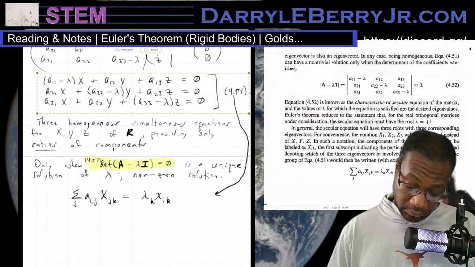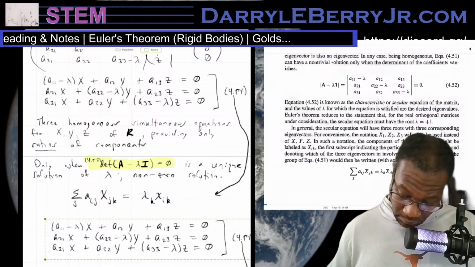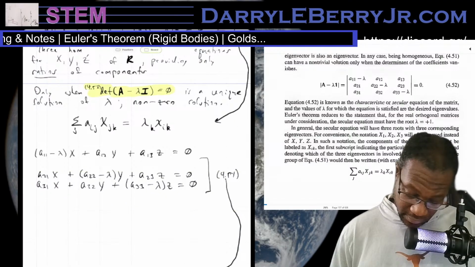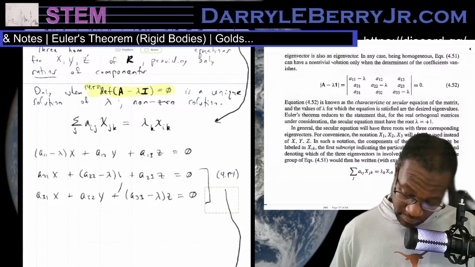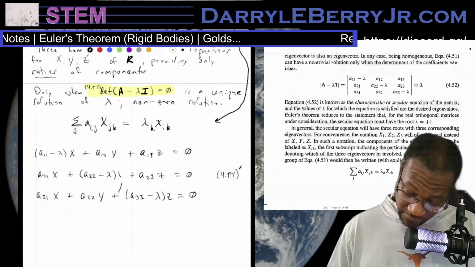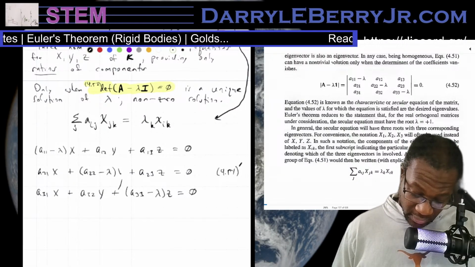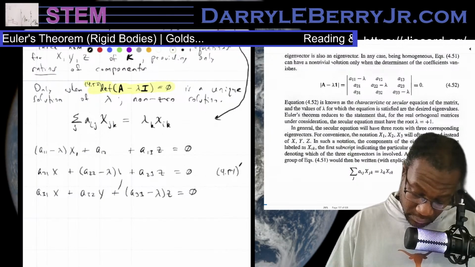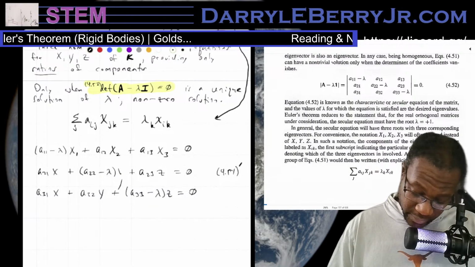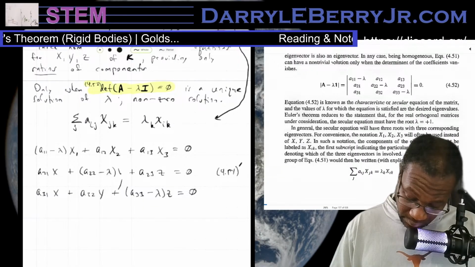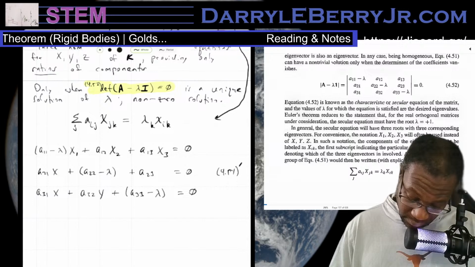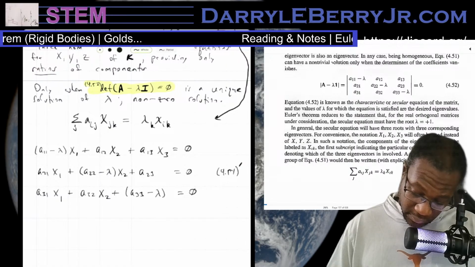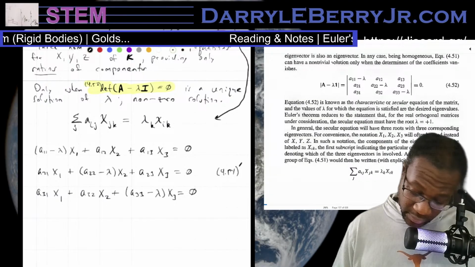Copy this over. Separate these out. Call this 4.51 prime. So we have x1, x2, x3, and x2, x3.